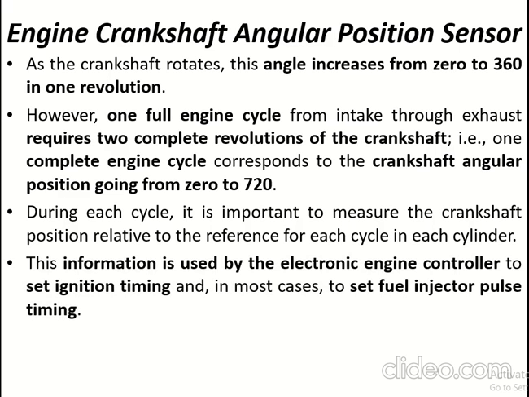So that is all about the working of the electronic engine controller: with the help of the crankshaft angular position sensor, it takes input of the measured angle, and based on that it determines what kind of cycle is going on in the various cylinders, and based on that it gives output to the ignition timing and the fuel injectors.